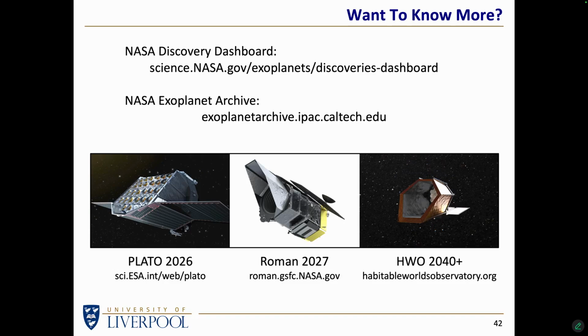The European mission in a year or so, and the NASA mission in a couple of years, as long as a certain president doesn't decide to cancel these missions. And in the long-term future, there are plans to build exoplanet missions to specifically start to find more of these Earth-like planets that we know are out there.